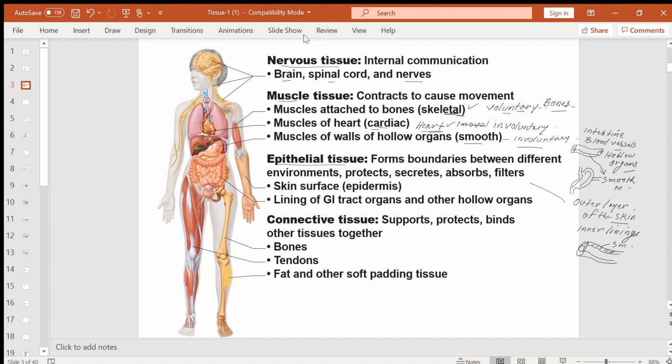However, if you see the inner thin lining here, the innermost layer, it is epithelial tissue. So the inner lining of the tube-like structures and the inner lining of the hollow organs, that means the inner lining of the stomach, gallbladder, urinary bladder, right, uterus, you have the epithelial tissue.